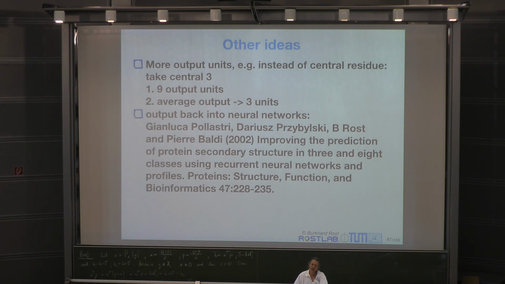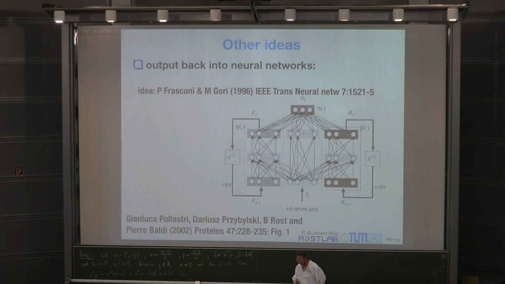The other idea, and that really worked, is feed-forward or recurrent neural networks, coming from Paolo Frasconi initially, and then worked out by Gianluca Pollastri and Pierre Baldi for secondary structure prediction. In this case, the output from one level is put back into the other level. Again, this is not deep learning where we connect the levels directly. It's where we connect particular parts of the network back as input: recurrent networks.